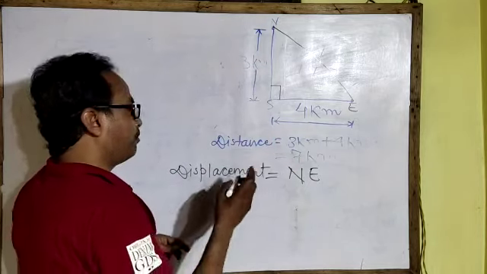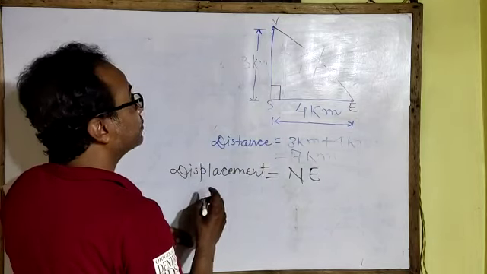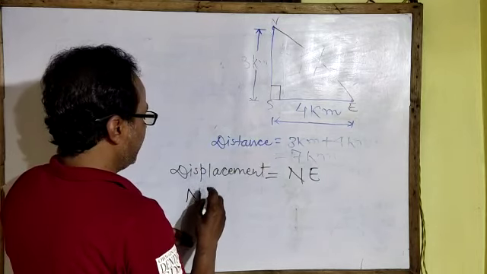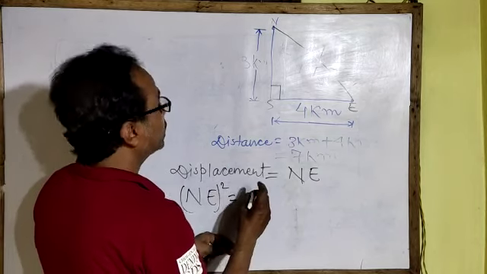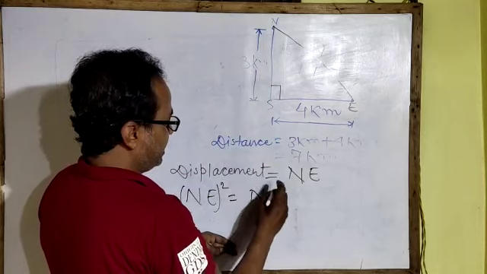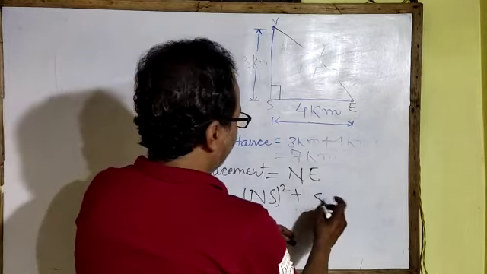Now from the Pythagoras theorem, the square of NE equals the square of NS plus the square of SE.